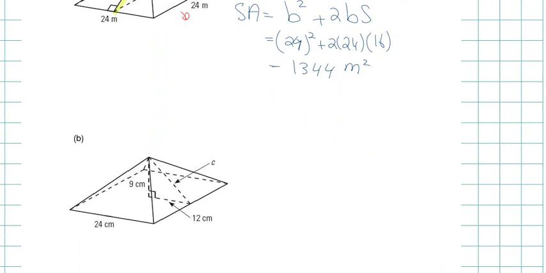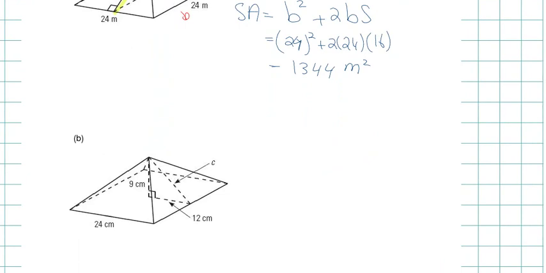Here's my second example. So I have a square base pyramid again, and what I know is that the height is 9, and this side right here is 12, half of the 24. Can I find the surface area? What do I need to find first before I find the surface area?